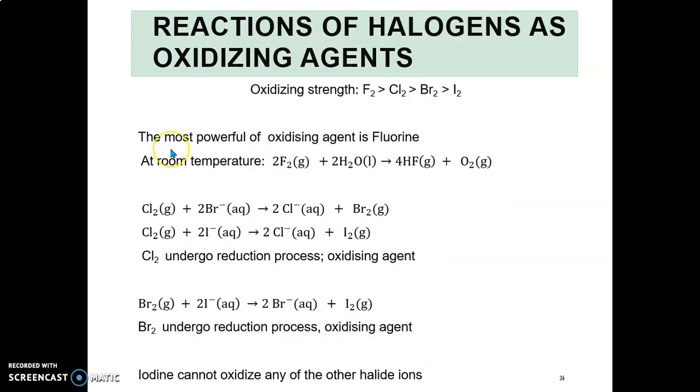The most powerful oxidizing agent is fluorine. At room temperature, fluorine can oxidize water to oxygen.